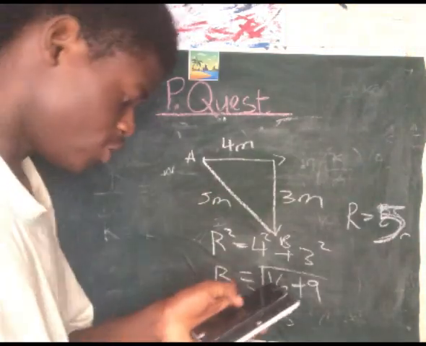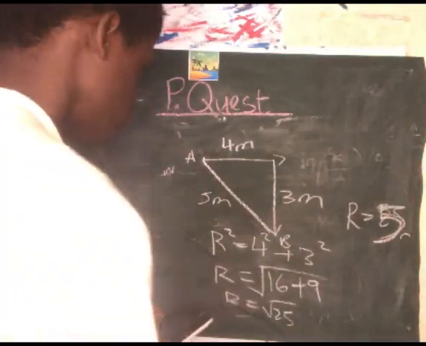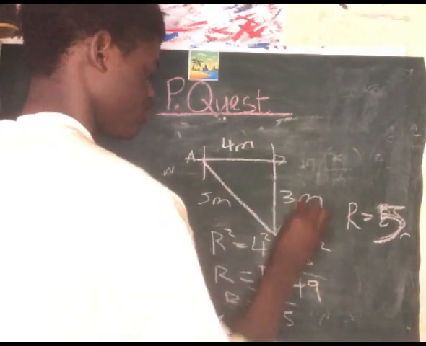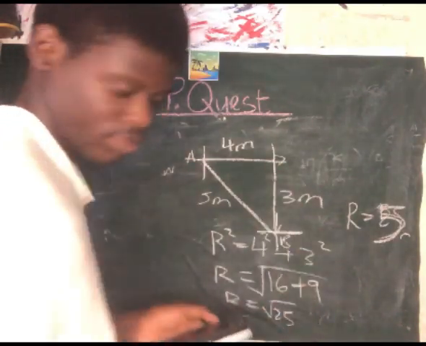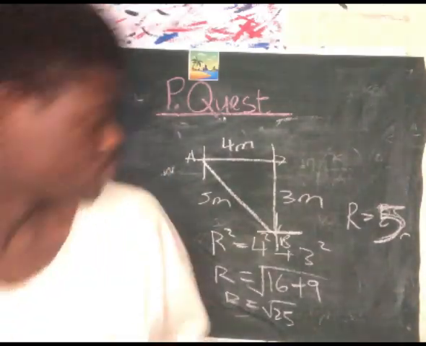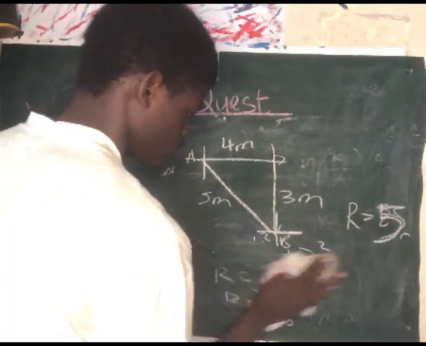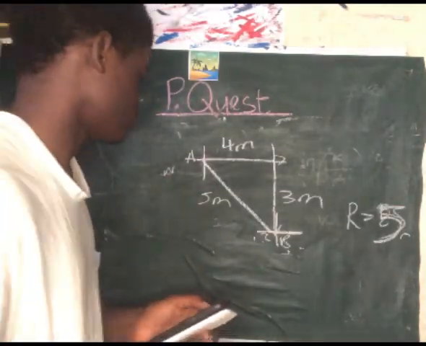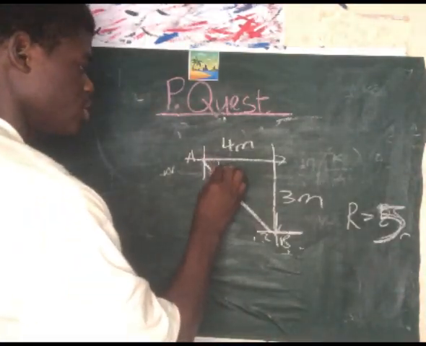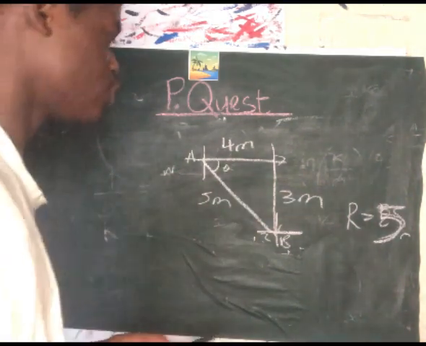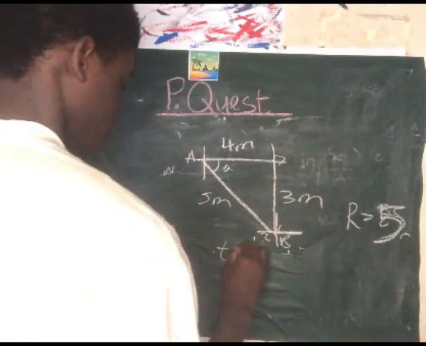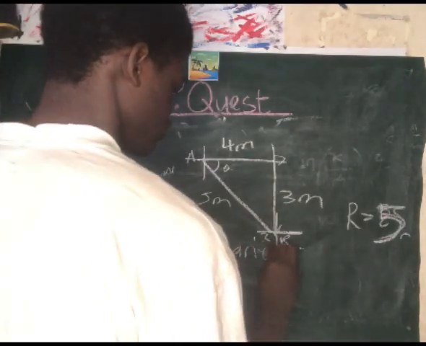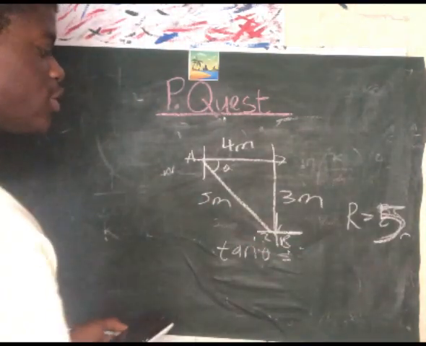That's the magnitude. So what's the direction? To get the direction, we need to draw it here. This is what we want to get. To get this, you can just use tan theta. Tan theta is equal to opposite over adjacent.